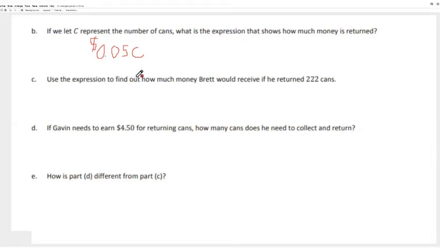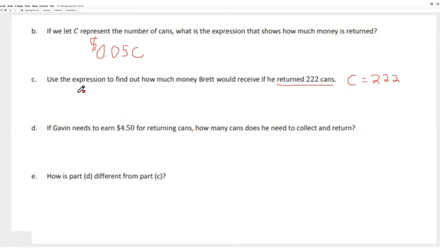It says use the expression you found to find out how much money Brett would earn if he returned 222 cans. Well, in this situation, remember, C represents the number of cans. So C equals 222. And now I'd just do the multiplication.